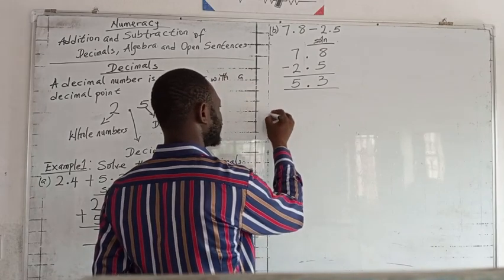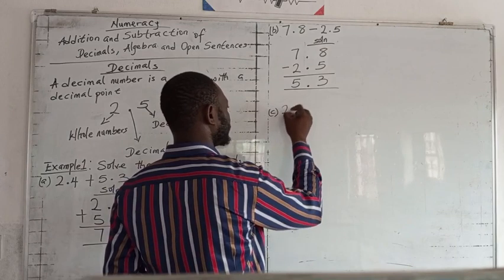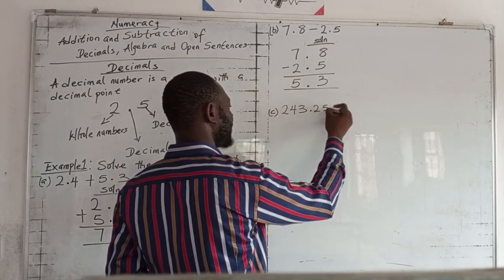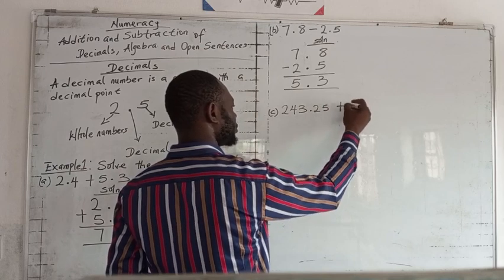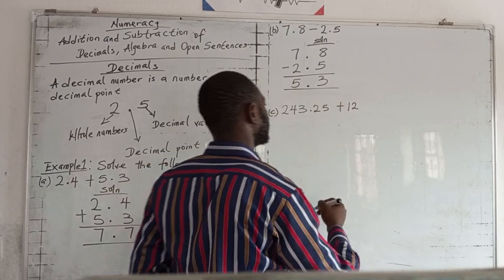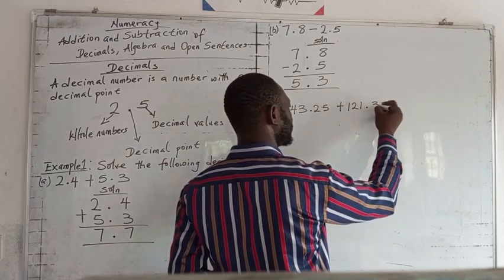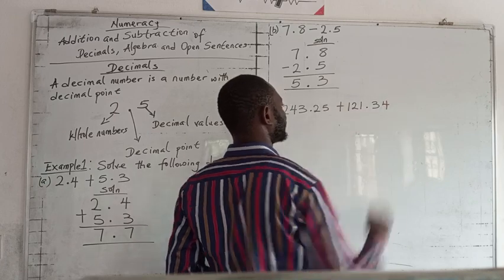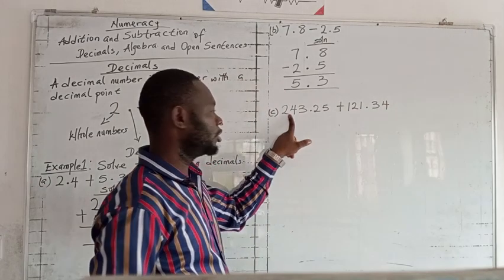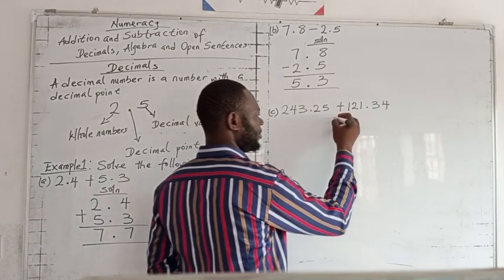Example C. Let's say 243.25 plus 121.34. Remember, whole number parts, decimal values. So the same thing.